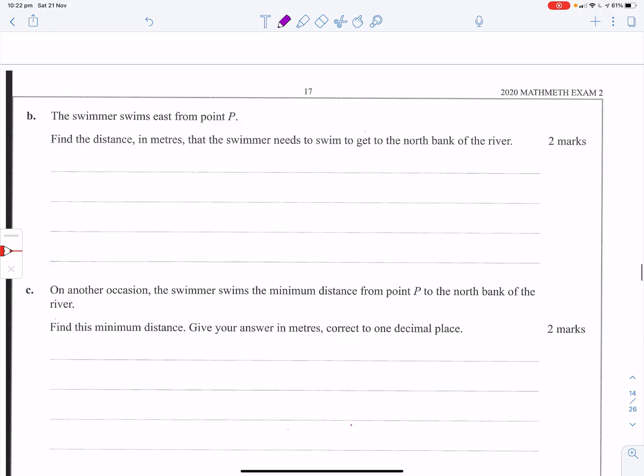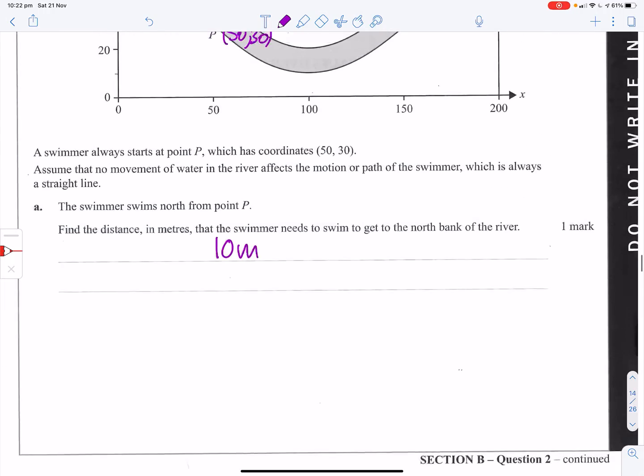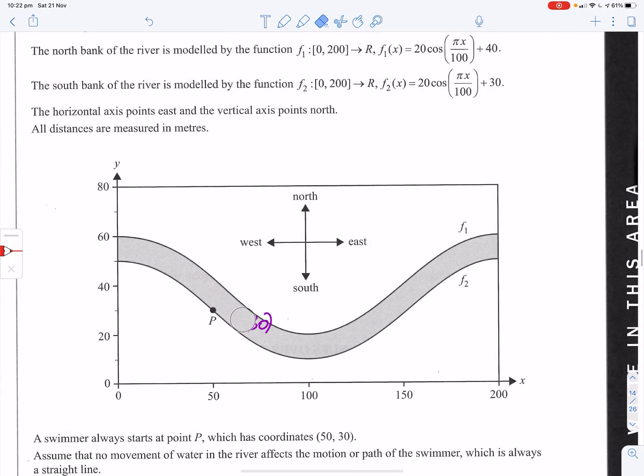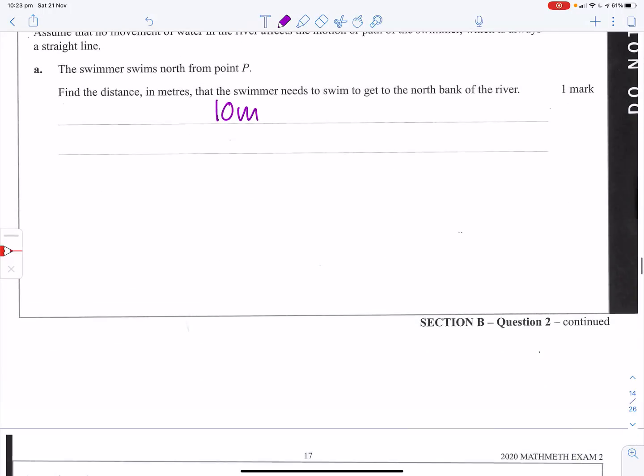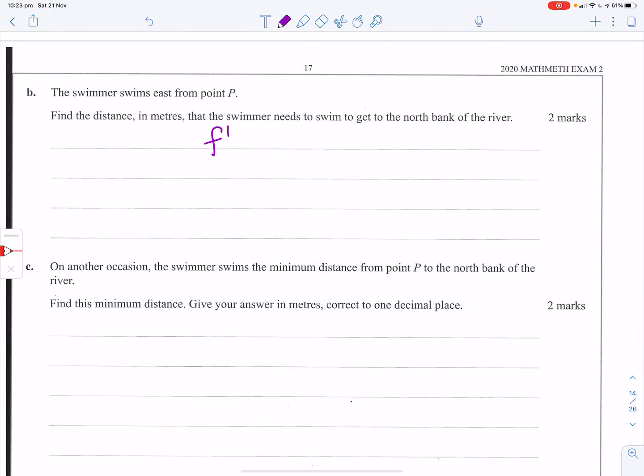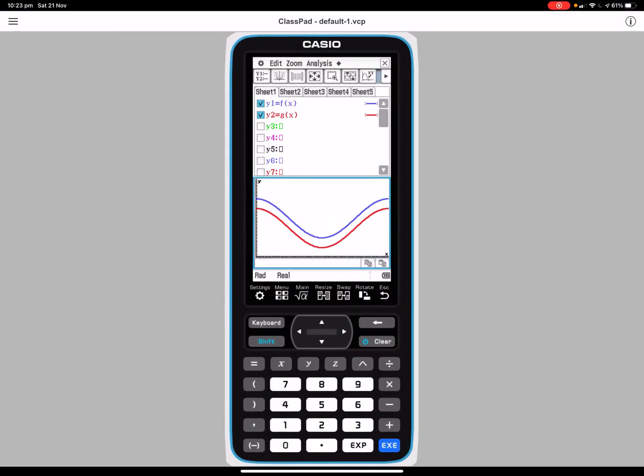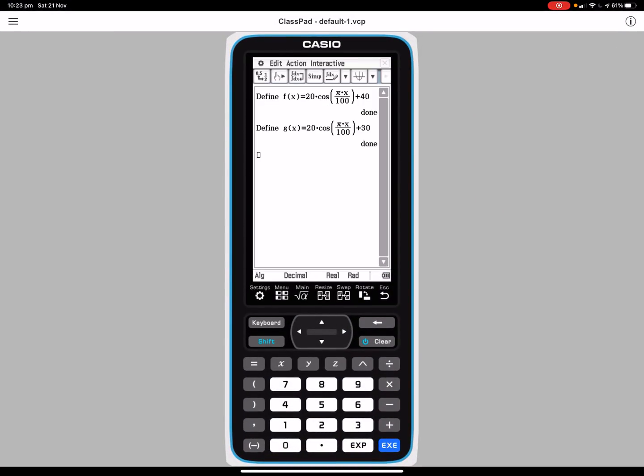Swimmer swims east from the point P. Find the distance in meters that the swimmer needs to swim to get to the north bank of the river. So we know here this value here is 30. So we need to know when this graph is equal to 30. So we say f1 of x equals 30. Make sure your calculator is in radians.